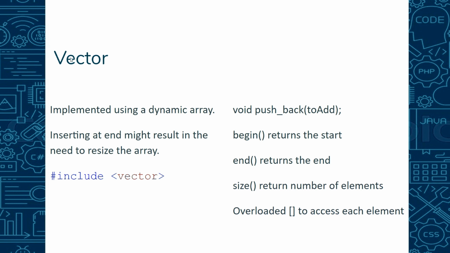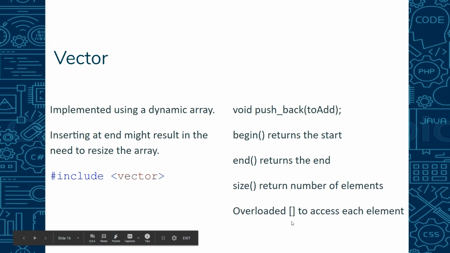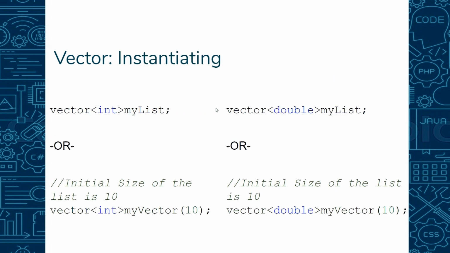We've done the vector, just a quick little review. You include vector, there's push back, begin, end, size. You still have an overloaded operator to be able to access each element. So you can instantiate it with vector int mylist. This would instantiate an int list. This would instantiate a double list, but it works because the class is templated.